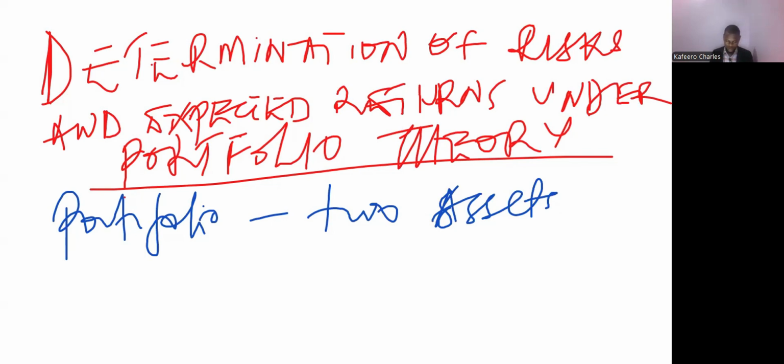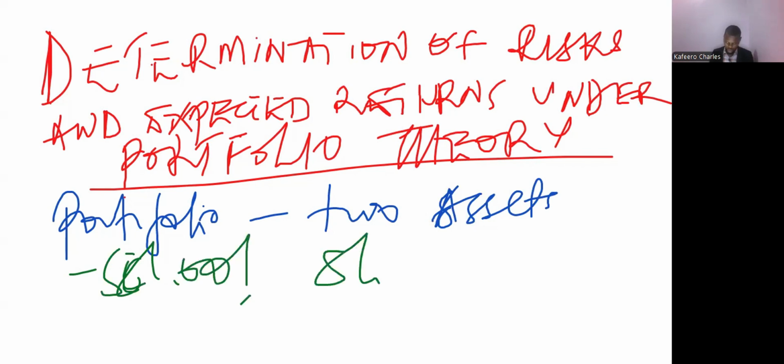So the examiner can give you different investment proposals. The examiner can give you, let's say, a school, shares, and he can also give you, let's say, bonds.